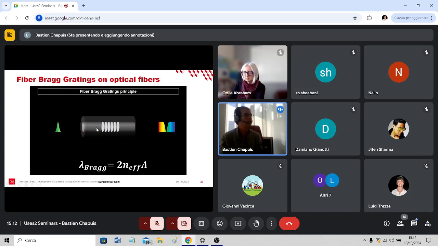When the light arrives on the FBG, one wavelength is reflected, and this wavelength is linked to the period of this FBG. We call it lambda Bragg, the wavelength that is reflected, and it is directly linked to lambda, which is the period of this FBG.